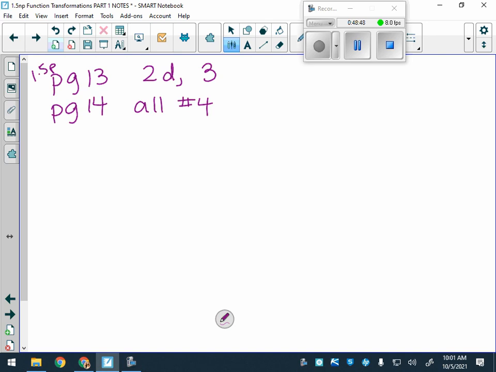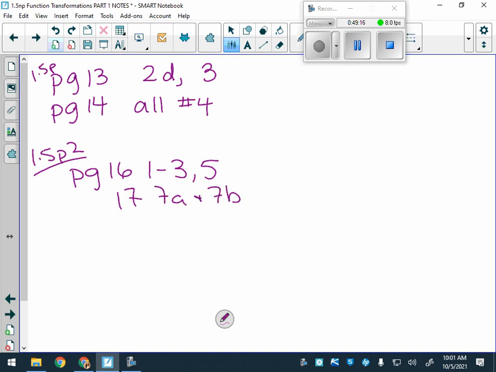Hold on one second, I just want to finish my thought. 1.5 practice 2 on page 16: 1 to 3, and then number 5. And page 17, 7A and 7B.